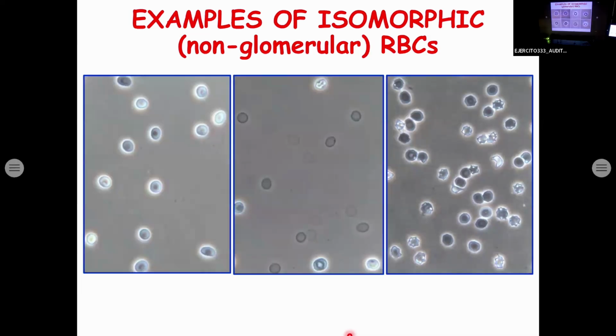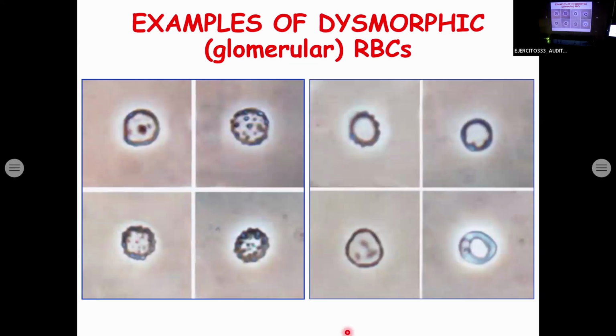And then we have some examples of dysmorphic red blood cells, which have a shape which is completely different from the shape of red blood cells we have saved here in our personal computer.